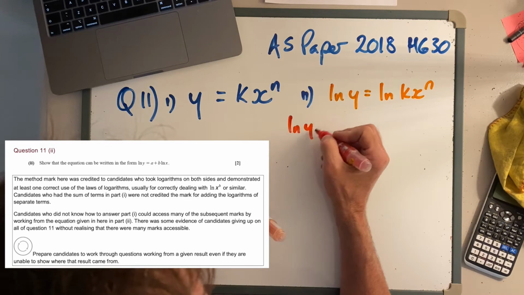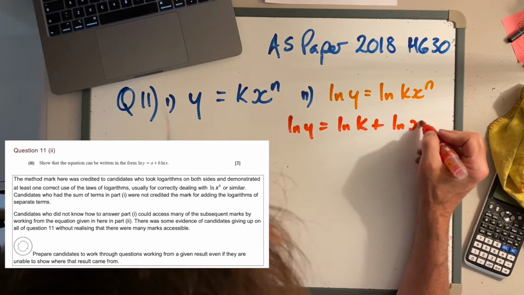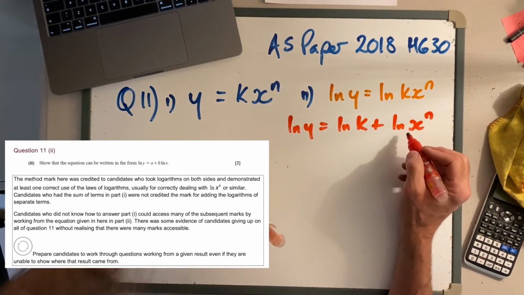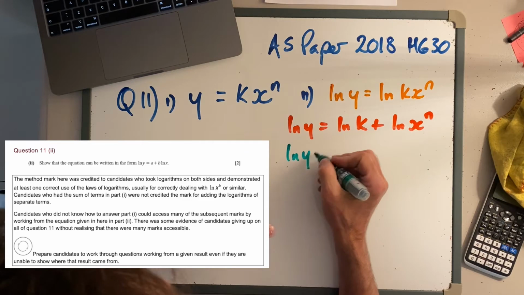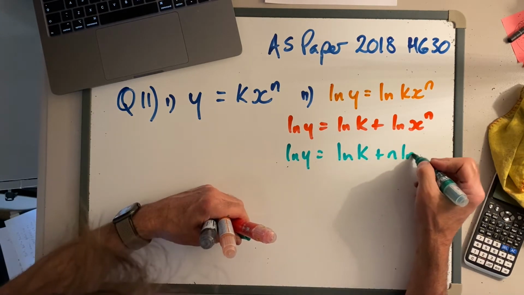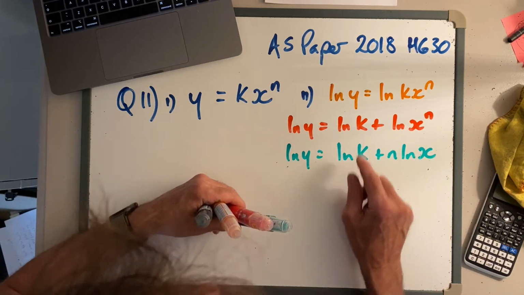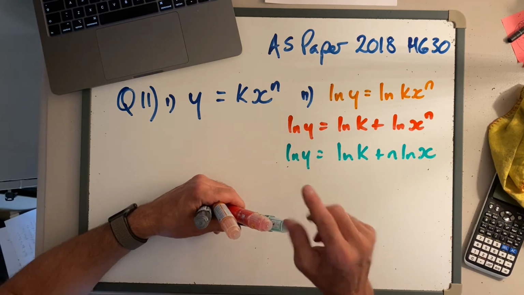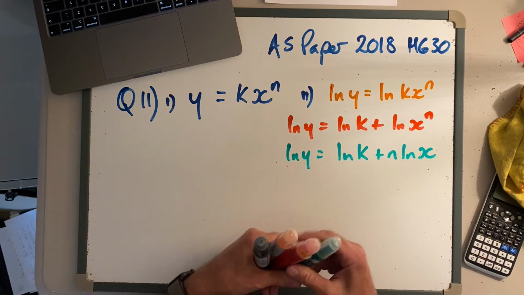So ln y equals ln k plus ln x to the n, and then ln y equals ln k plus n ln x, and that's what we've got there. Brilliant. Okay, doing well so far.